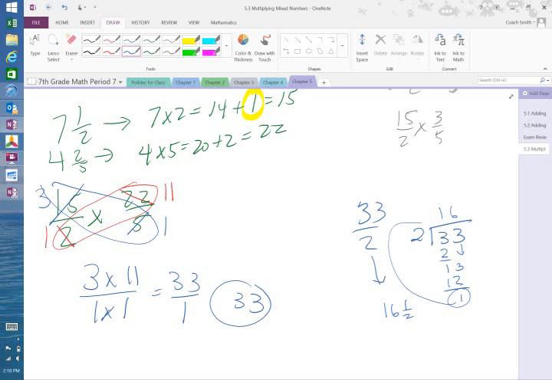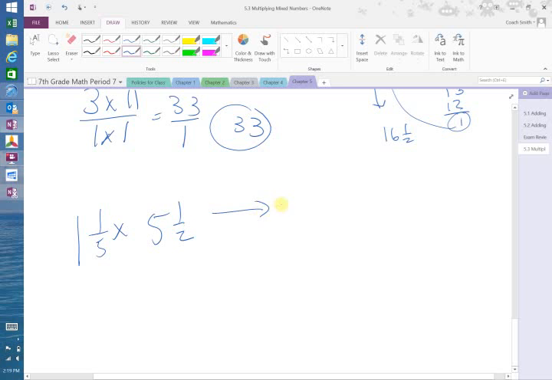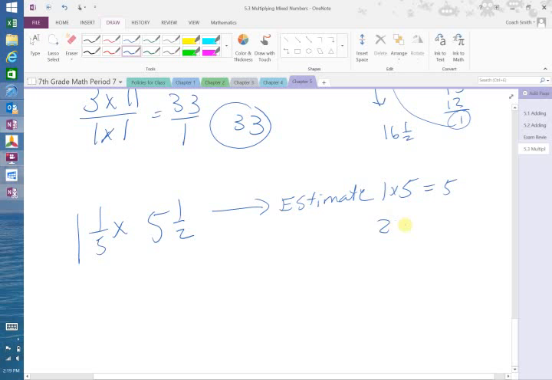All right, 1 1/5 times 5 1/2. Now, once again, we can estimate by saying 1 times 5, which is 5, and 2 times 6, which is 12.